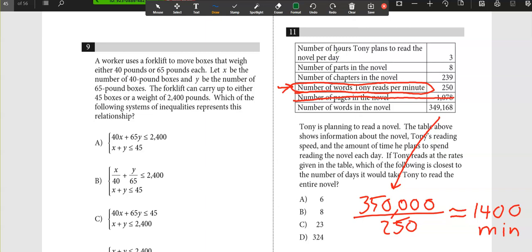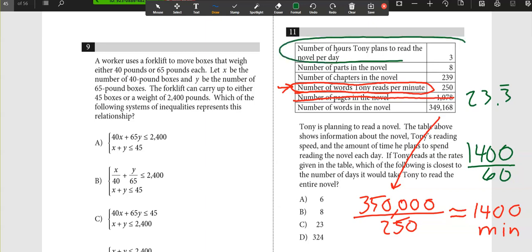So, how do we convert that to hours? What do we divide by to change it from minutes to hours? 60. 60, right? And that tells me that we have 23.3 hours that he's going to read this book. But Tony plans to only read about 3 hours per day.